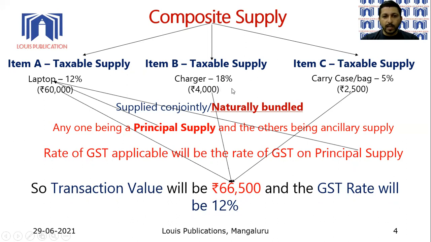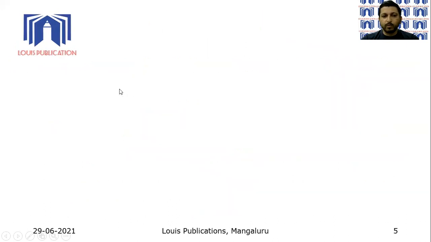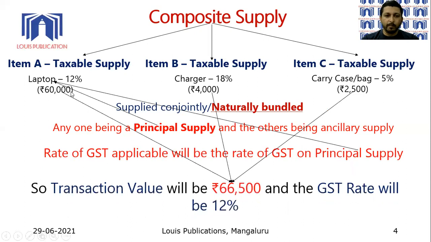So among the three items that you see, the laptop is the major supply or the principal supply. So whatever is the rate of GST on the laptop in specific, that will be the rate which will be applicable. So 12% is the GST applicable on the laptop. So on the entire transaction, 12% will be the rate of GST applicable.